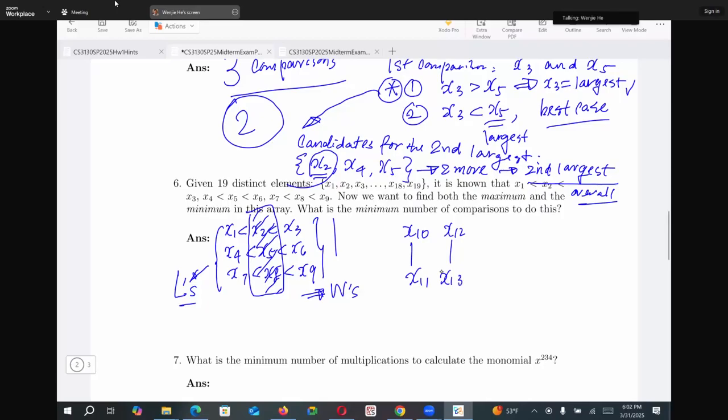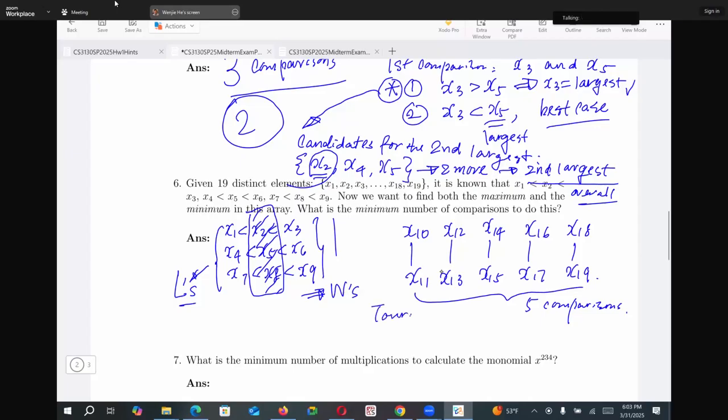Here we have 5 pairs: 14, 15, 16, 17, 18, 19. So this tournament round is 5 comparisons. Do not miss this round.